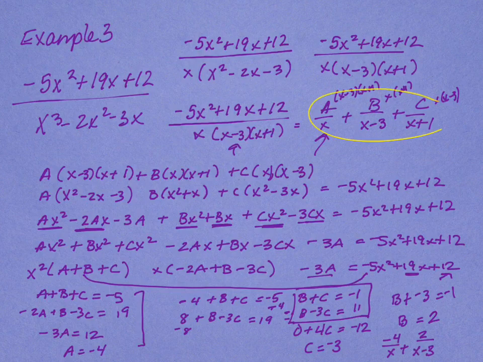And then lastly, c is negative 3, sorry, negative 3 over x plus 1. So there's your answer: negative 4 over x plus 2 over x minus 3 minus 3 over x plus 1. All right, so make sure you understand that and went carefully, and I'll do example 4 in the next video.